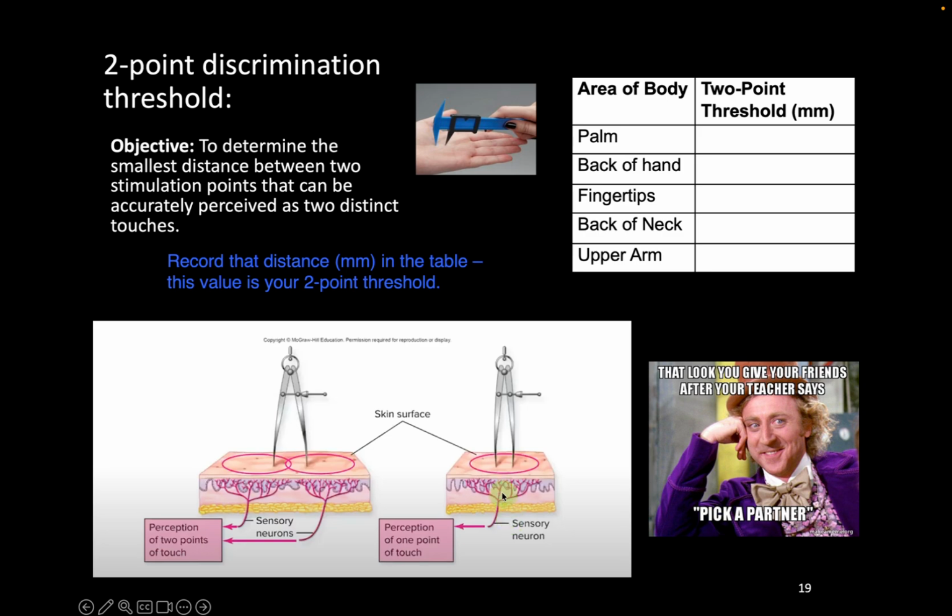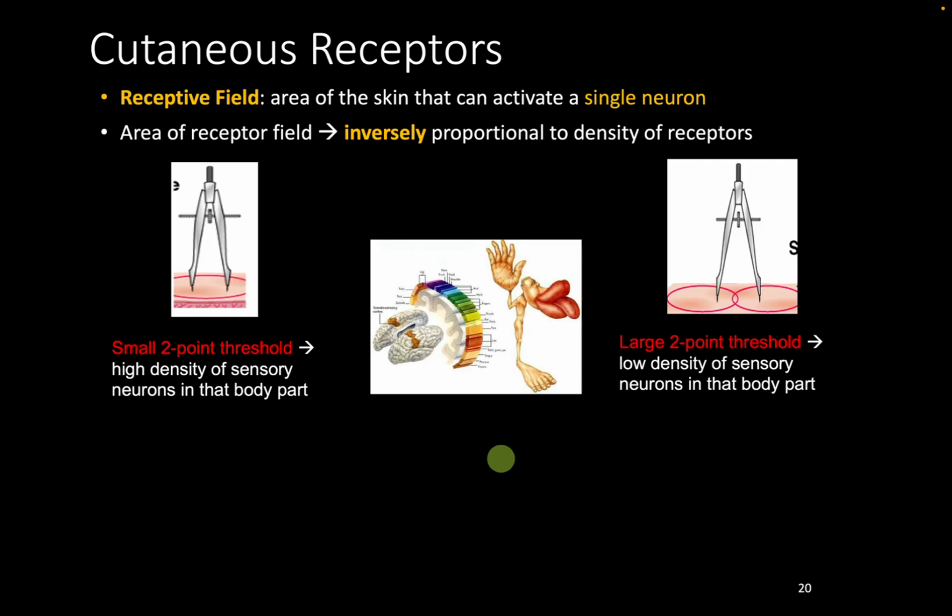However, over here, if you get smaller and you actually get both points in that same diameter, where there's only one neuron, even though they're touching you at 2 points, because those 2 points are in the same area, your brain perceives one. So that would be your 2-point threshold, wherever you say one, but they touched you with two. Okay. I know it's a little hard to visualize, so we'll go over it when I see you next. And maybe I can post a video of other classmates too. We'll see what I could do.